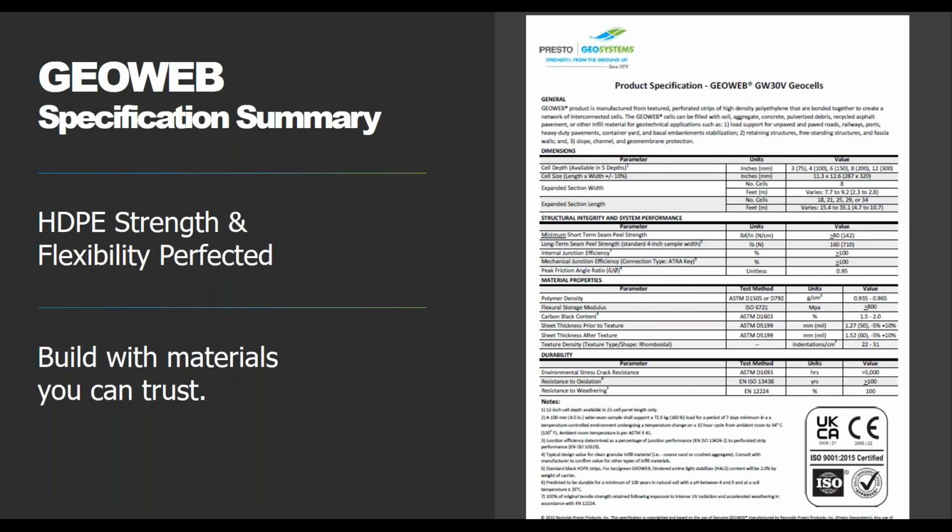We want everything to be in good harmony without overemphasis on a single thing to the detriment of others. And just a general note, when reviewing pretty much any product spec sheets for Geocells or any other type of geosynthetic, you really want to pay close attention to any disclaimers or fine print language that might be at the bottom of a page.